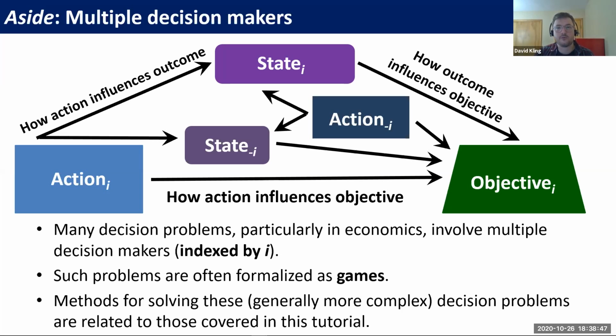That's why we draw an arrow from actions to objectives, because the impact of your actions on the performance of your strategy may depend not just on how the action influences the state, but also on how the action influences the objective. And I think, Paul, were you going to weigh in?